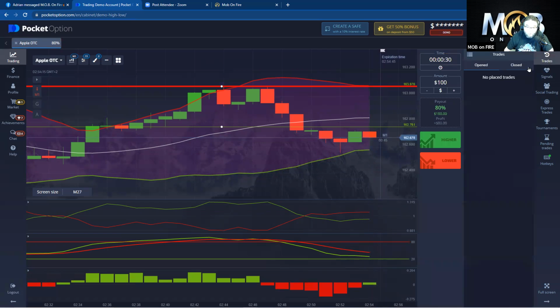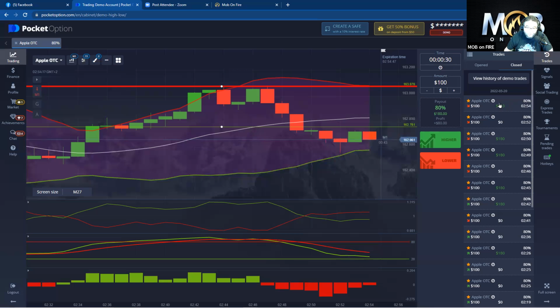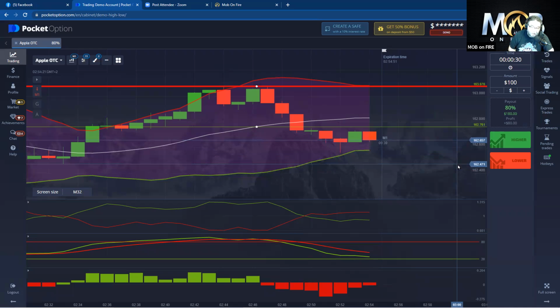Okay. That's a risky one, but I won it. And what I did on that one is I waited for price to push up, retract down, and bought it at the middle of a candle so that I would have room for it to push down during the sale.